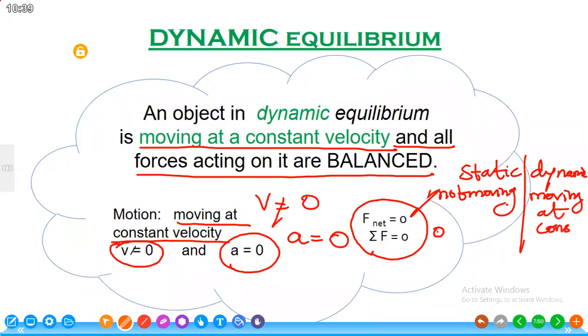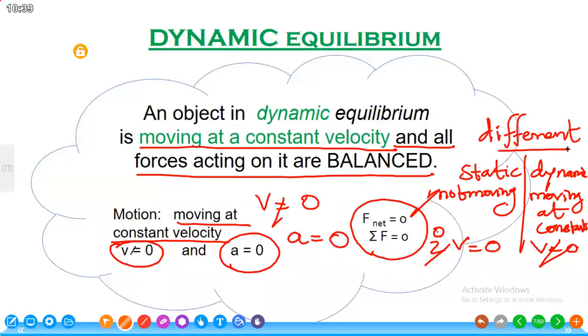And second one, in here velocity comes to 0, but in here velocity does not come to 0. So this is the main difference between the static equilibrium and dynamic equilibrium.